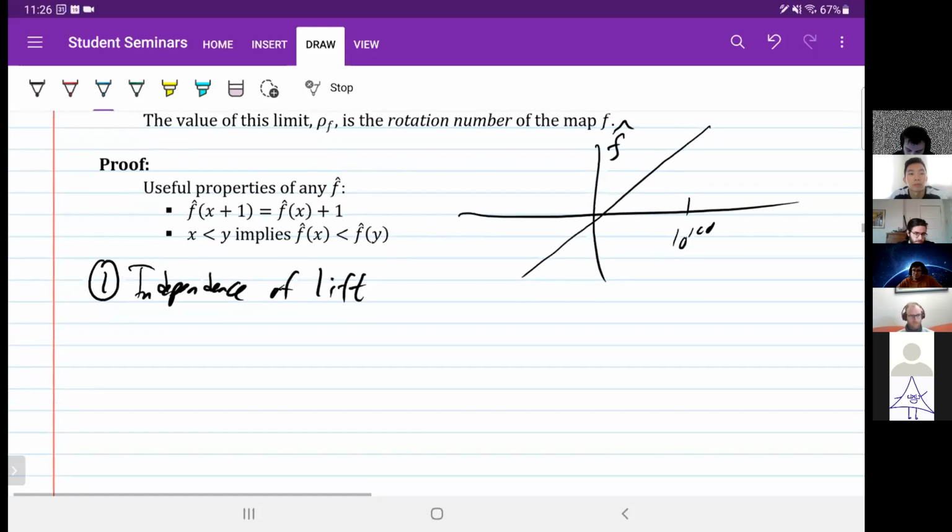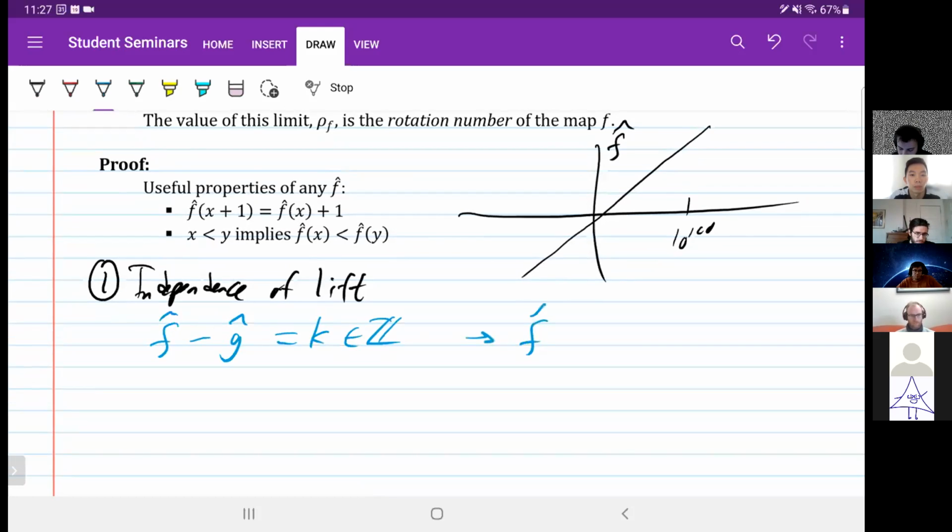Okay. So for independence of lift, all that we need to show is this. Suppose f hat and g hat are 2 lifts, then they differ only by a deck transformation, and deck transformations are just integers. So in particular, that means that nth iterates, using this property, differ just by n times whatever integer they differ by. I'm just adding k every time I apply it.